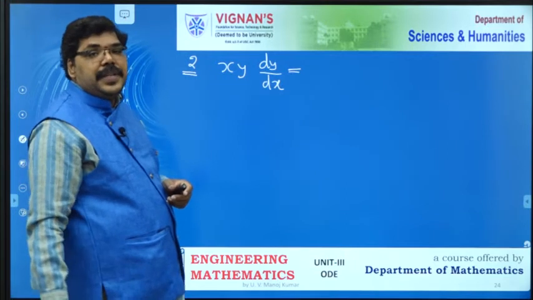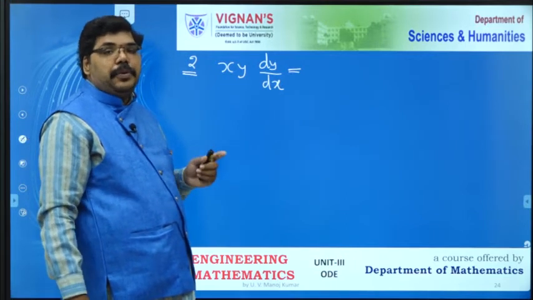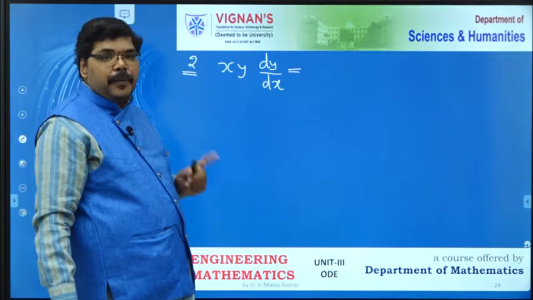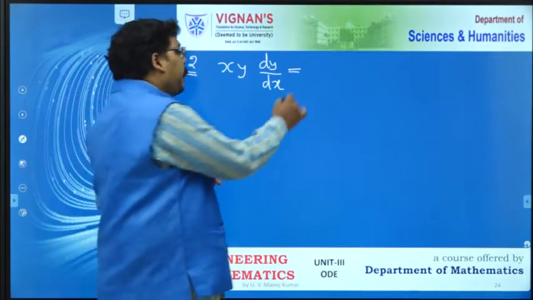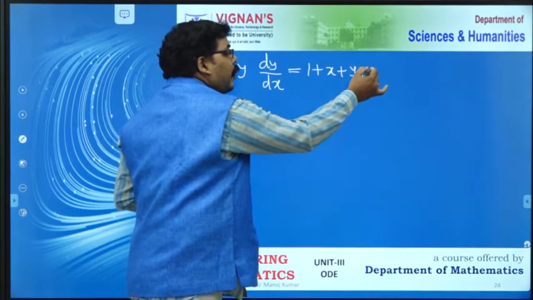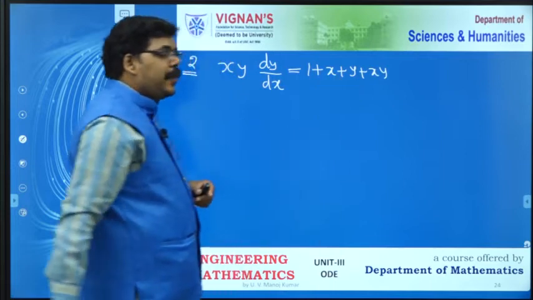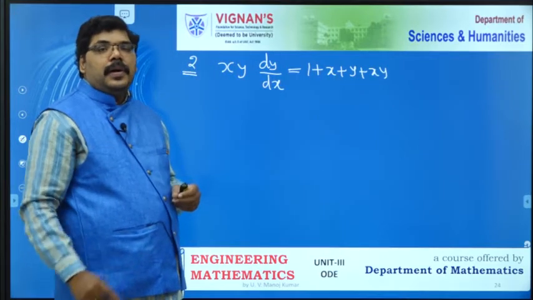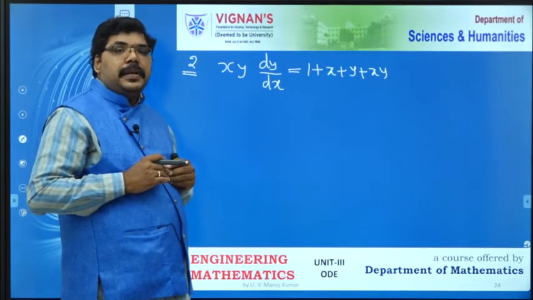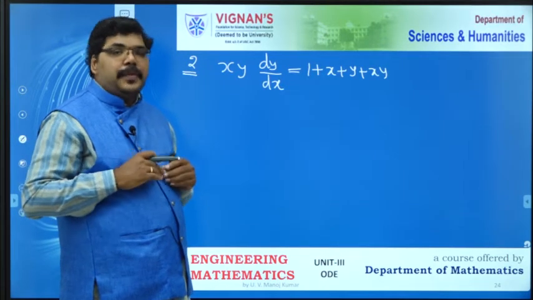Our differential equation is xy into dy by dx equals 1 plus x plus y plus xy. So I want to solve this differential equation by the variables separable method.